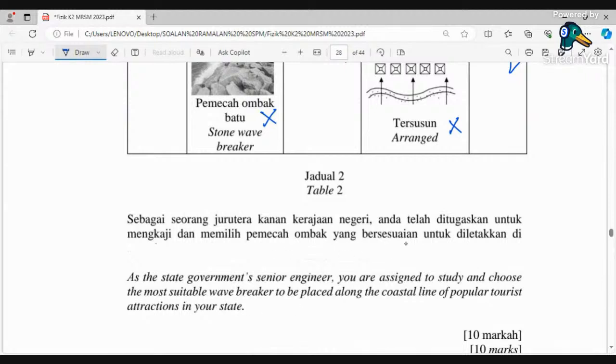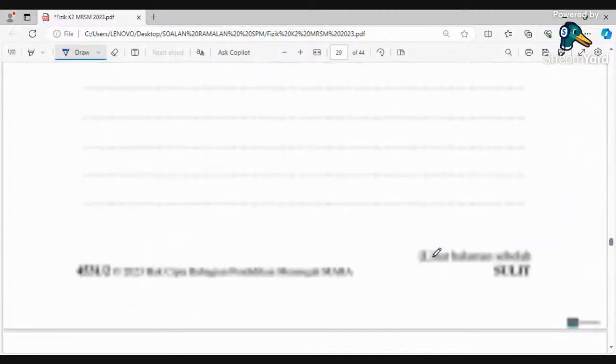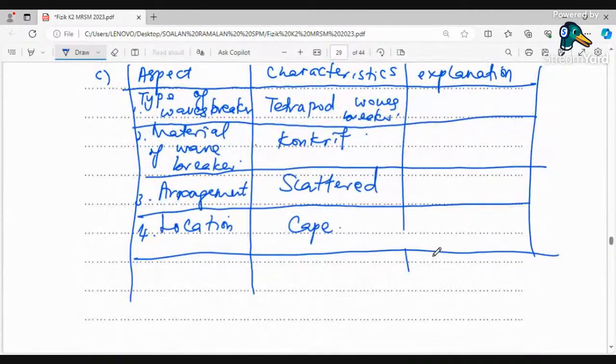Okay, study and choose most suitable along coastal line. Ini semua. Jadi nak increase theories ke sebenarnya. Okay, tetrapod tu boleh tulis banyak boleh.